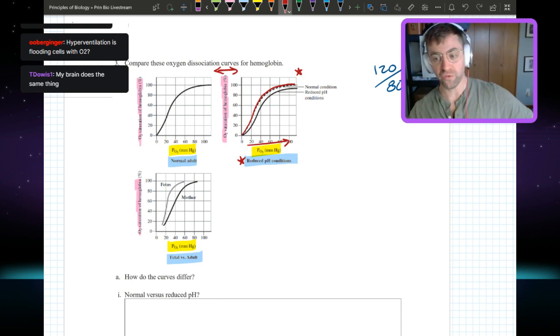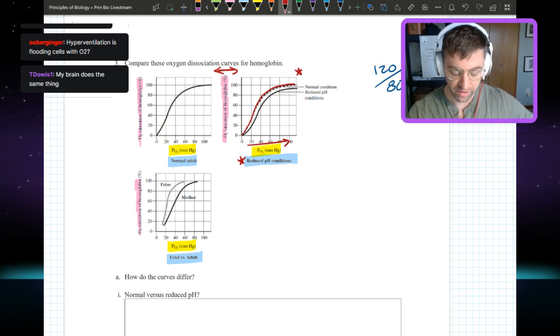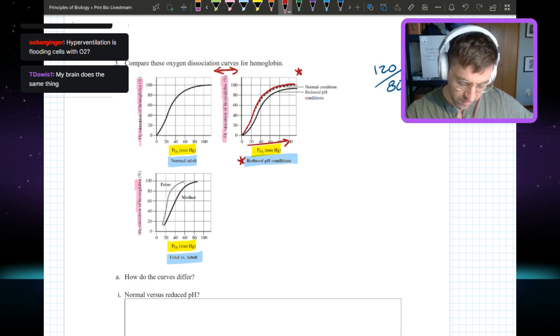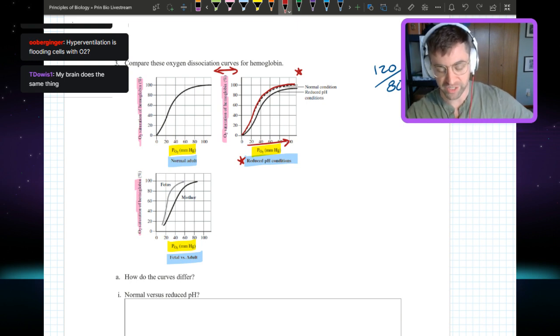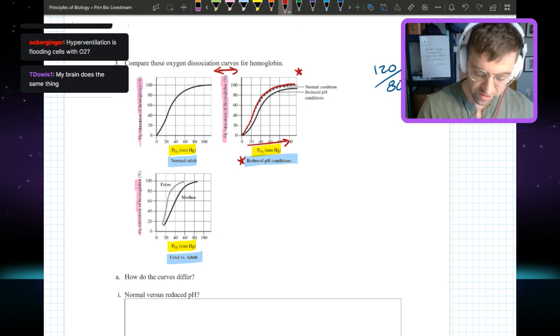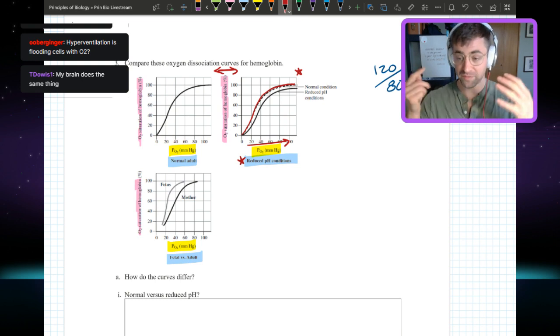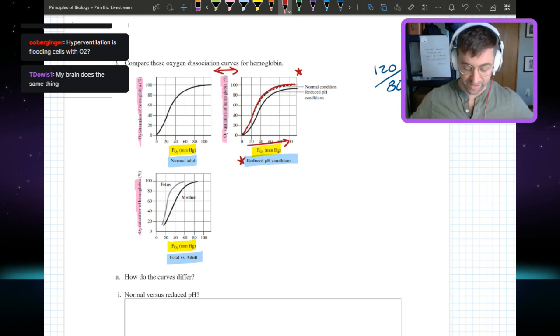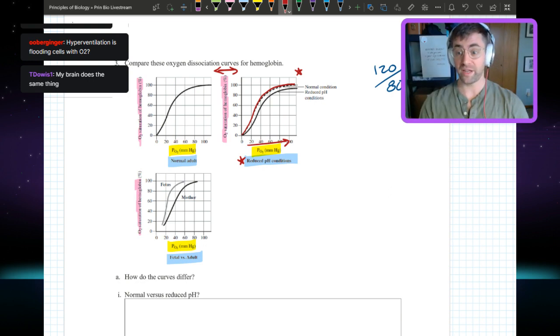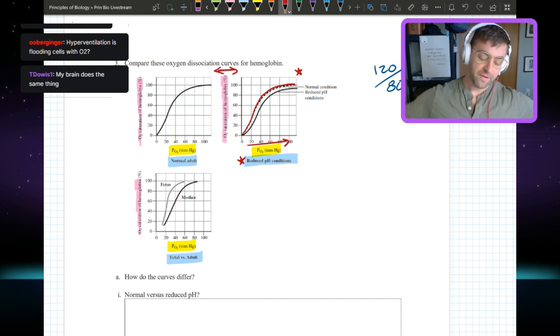There's a shift to the right relative to the chart on the left, given the same percentage of oxygen saturation in the blood. So this is another way of visualizing. We've been exercising, the metabolic needs have gone up, we're processing a lot of ATP, turning it into usable energy, and we're getting all of that CO2 byproduct and it's in the blood.